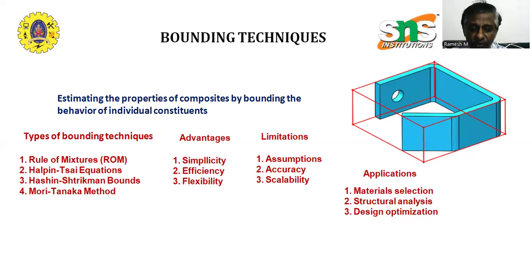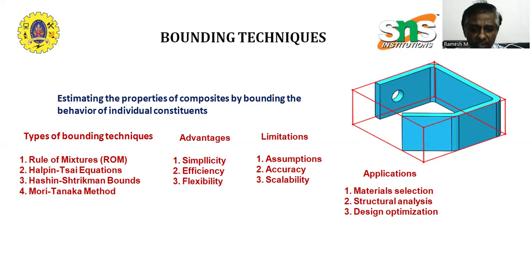Bounding techniques may not provide accurate estimates of composite properties, especially for complex loading conditions and complex geometry. Bounding techniques may not be applicable for large-scale composite structures also. It is valuable only for simplified composite structures. These are the limitations of bounding techniques.